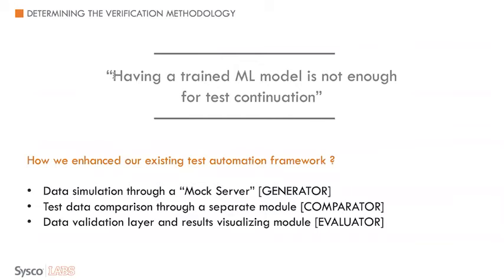Now, like I said earlier, having a trained machine learning model is not enough for test continuation, because now the time has come to integrate that trained model into our business application. Earlier we had this supervised regression approach, and then random forest, pandas, scikit-learn. You train the model and you get the model and integrate it into a business application.